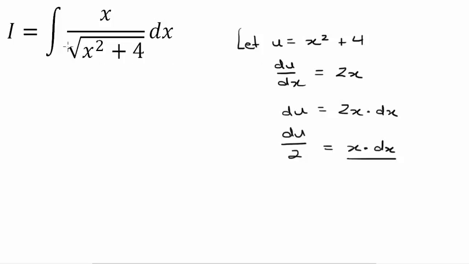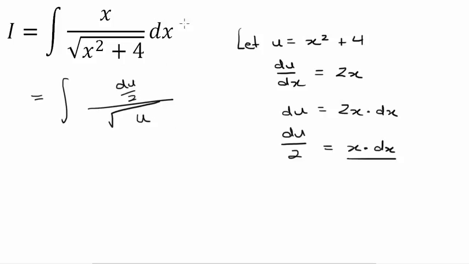And whatever's inside the radical, which is x squared plus 4, we can replace by u, because that's what we introduced in the first place. So I equals x dx, which we substitute with du on 2, over the square root of the quantity x squared plus 4, which we made equal to u, right?